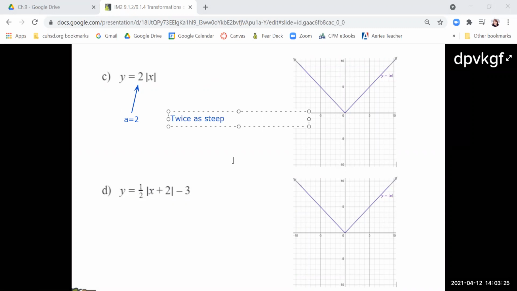Essentially that means the slope on the right-hand side will be 2 over 1. I don't move my vertex because there's no H or K translations. I just start at 0, 0. And then instead of up 1 over 1, I'm going to go up 2 over 1, up 2 over 1, up 2 over 1, up 2 over 1, and mirror it on the left-hand side.